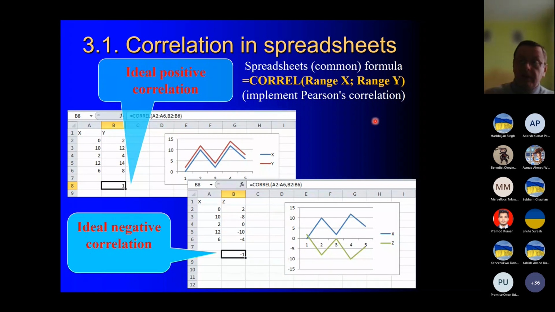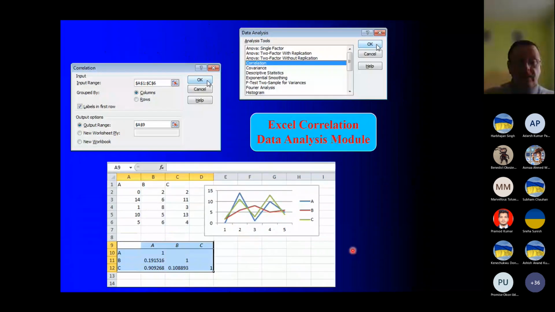If your data does not fall into normal distribution, you have to calculate ranks and implement Spearman correlation semi-manually, I mean by functions. Here is shown an example of ideal positive and negative correlation, and how they look. Two variables follow each other in positive correlation and they are opposed, mirrored, in negative correlation.